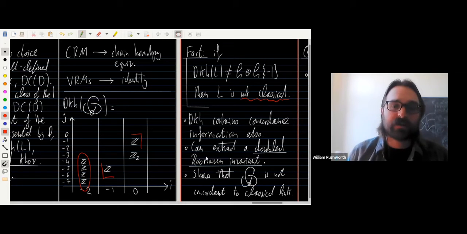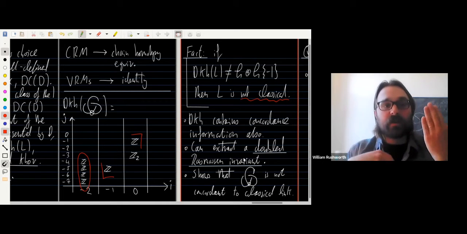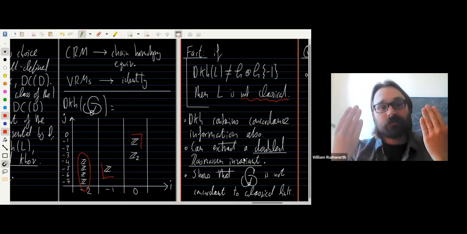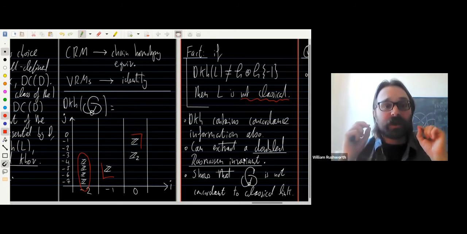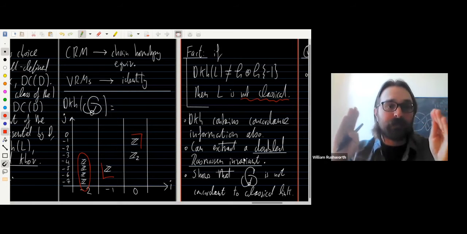And in fact, you can extract something called a doubled Rasmussen invariant, generalizing the Rasmussen invariant of classical links. And the amazing situation is that for option 1 for extending Khovanov homology and option 2, it turns out you can extract Rasmussen invariants from both of those families of theories.